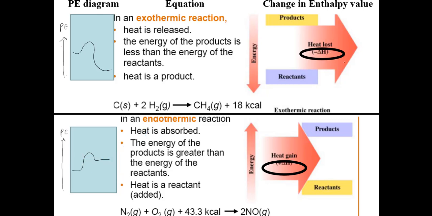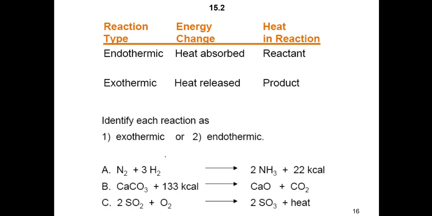And then finally, going back to that new term, change in enthalpy, if you see a negative value, automatically it's considered exothermic. But if you see a change of energy that's positive, it's considered endothermic. So you're going to be asked to recognize whether it's going to be exothermic or whether it's going to be endothermic.